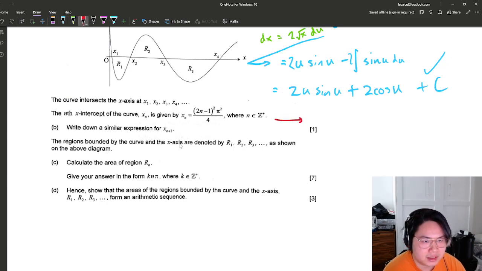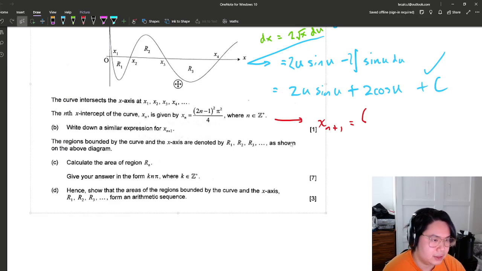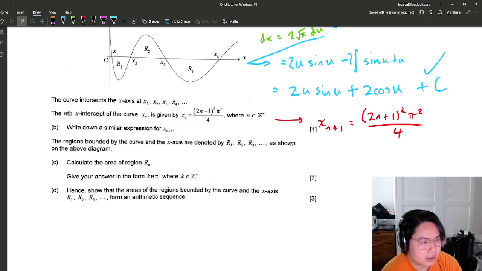If we just plug in n plus 1 into the formula, then it's 2n plus 2 minus 1, so 2n plus 1. That's 1 mark, so yeah, that sounds about right.